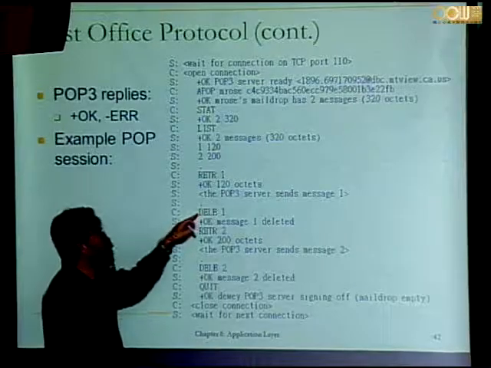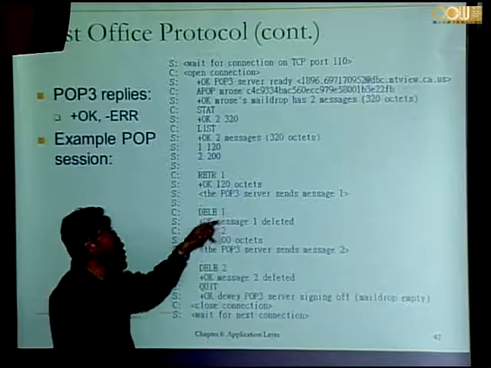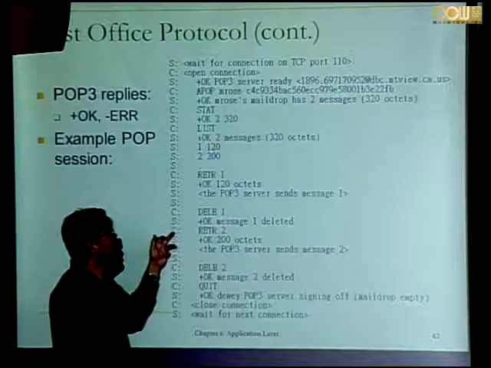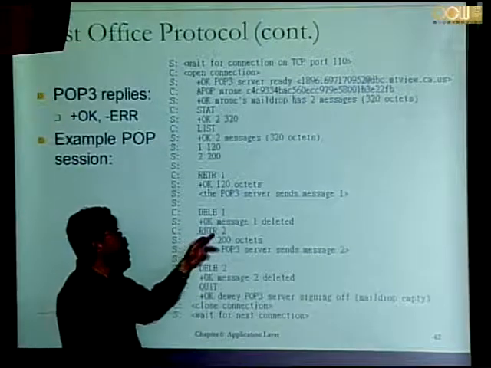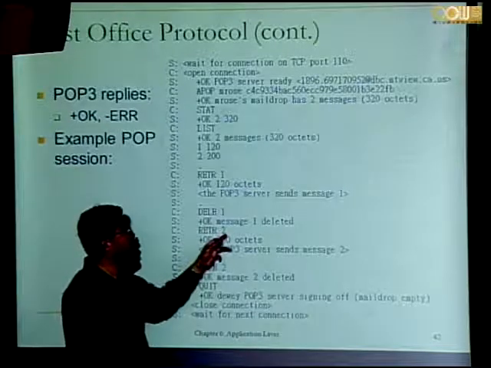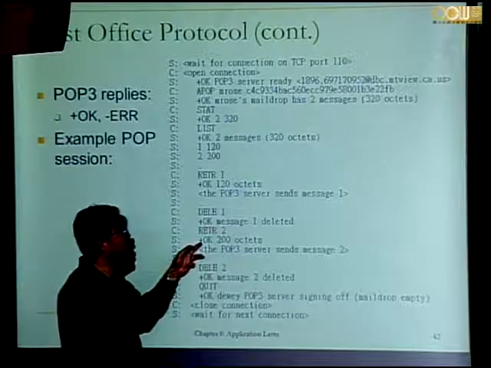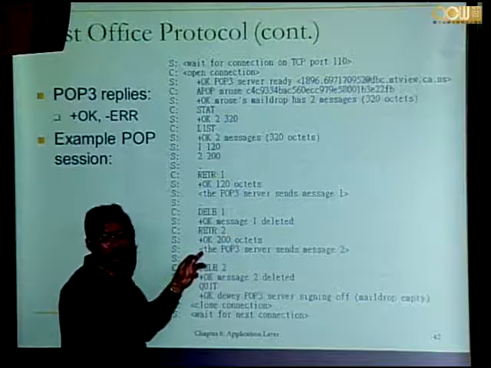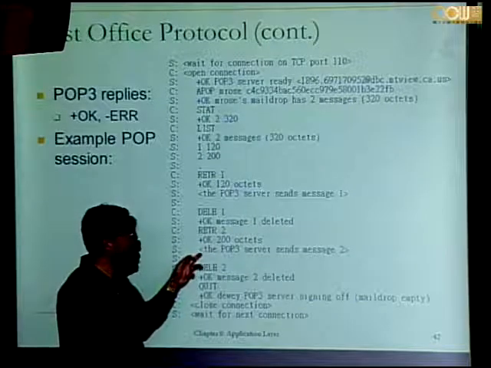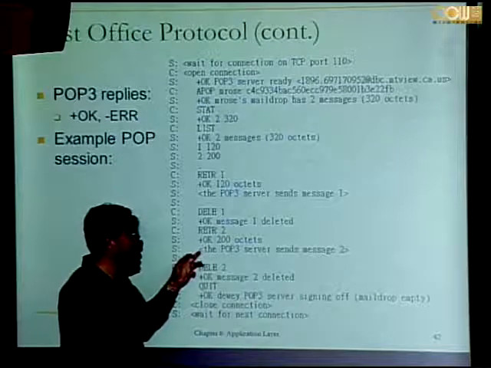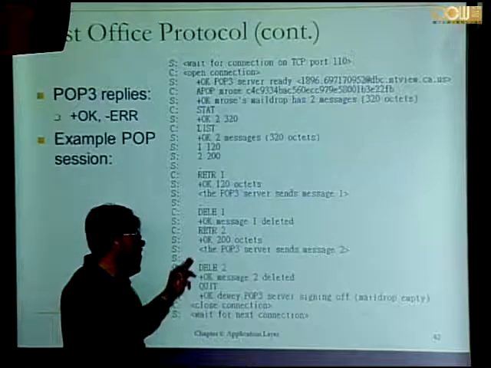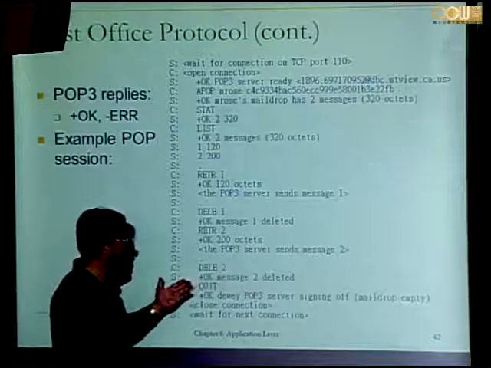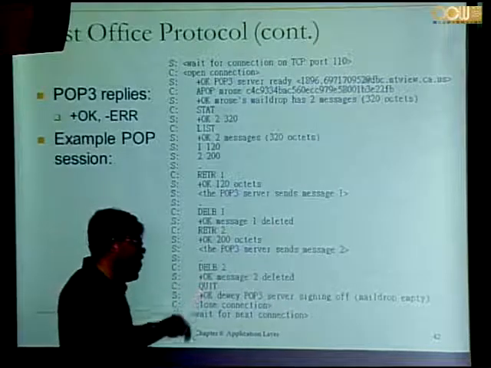And again, the client deletes this mail, and the server replies with OK. And the client, in turn, retrieves the second mail. The server responds with OK, and then pumps the actual mail to the client. So this is a data message. And then the client deletes the second mail. The server responds with OK, and the client quits.